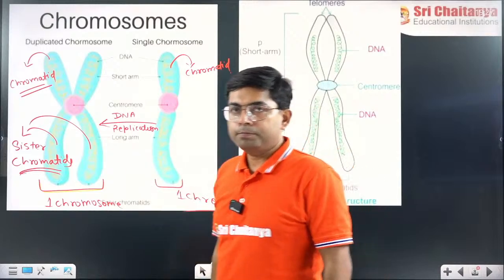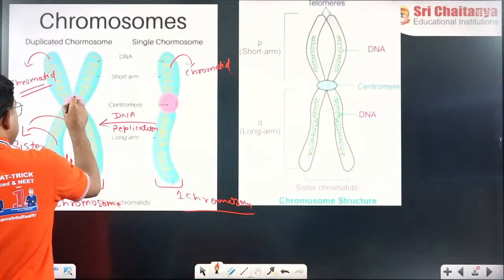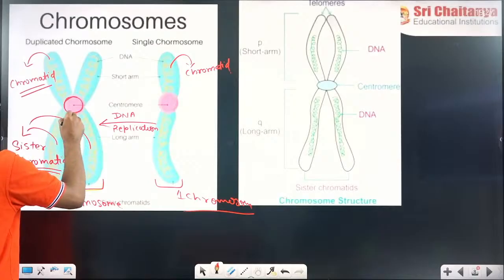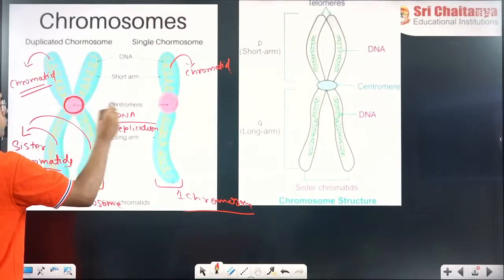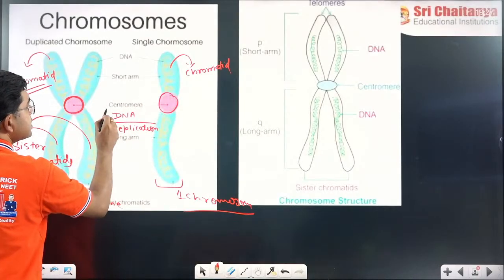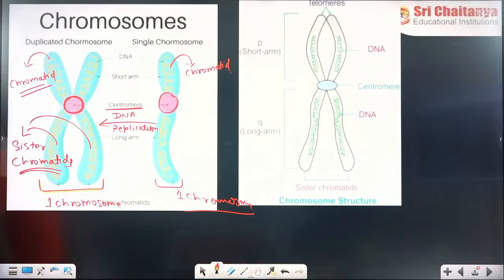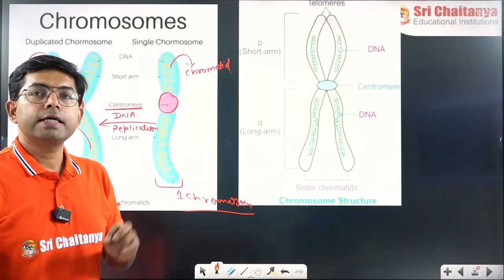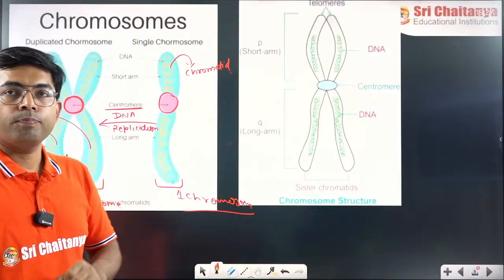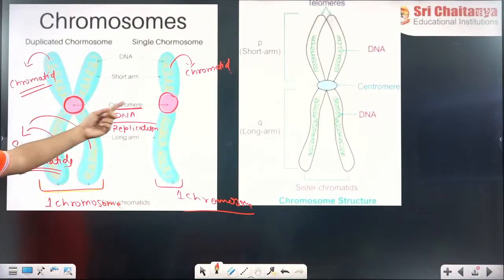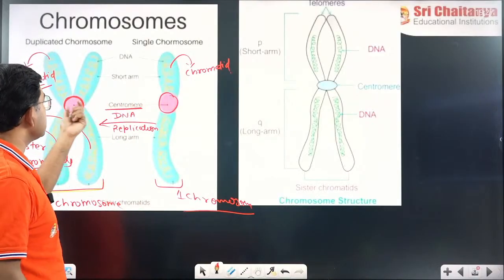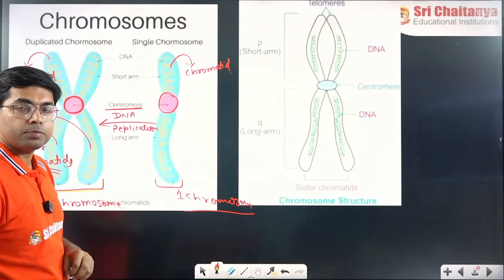Now the other part, if you see at the center of the chromosome, at the center of the chromosome is the centromere. So another part of the chromosome is the centromere. This also has one centromere, this also has one centromere.